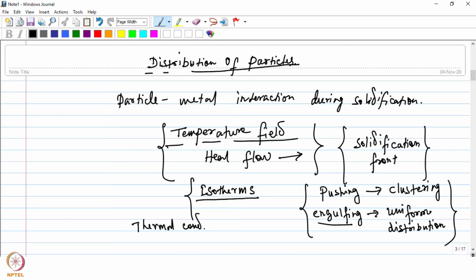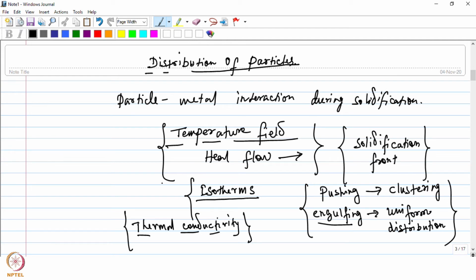Because here you have added a completely different material into the molten metal, and the thermal conductivity of that material, that reinforcement phase, is different from that of the metallic matrix, right? And therefore the temperature field will depend on the thermal conductivity of both of these materials.